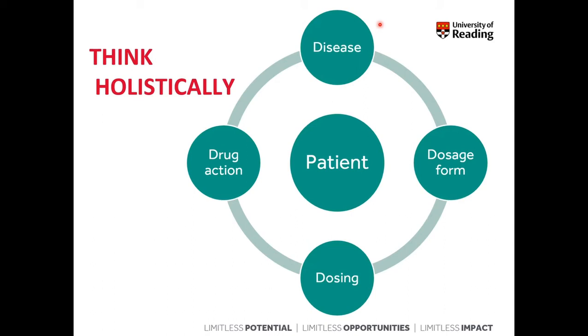And are there any side effects you need to look out for, or advise the patient about? What effect could it have on any other disease, other presenting complaints, other conditions that the patient has? And then you need to think about the dose. So is it the right dose for the right patient?